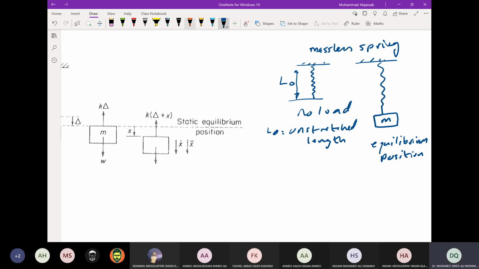The distance moved from here to here, since this is equilibrium, we name it delta, and delta is called the statical deflection. That means the amount of stretch in the spring at equilibrium.